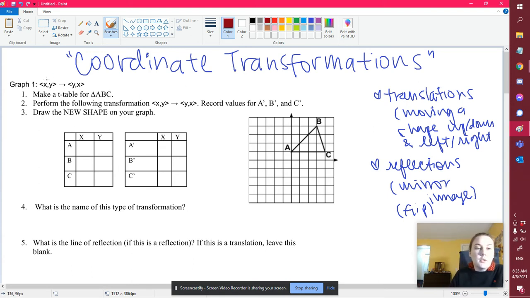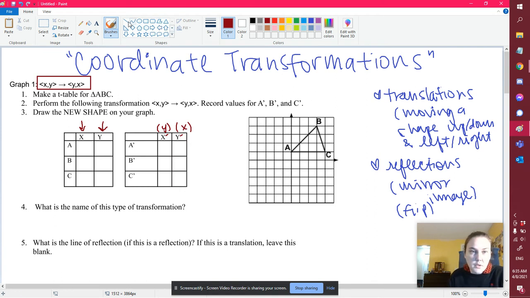When we're talking about transformations, we'll often have this coordinate representation of what we want to happen, right? We're saying take every x and y and make it a new x and y, where the new x is y and the new y is x.